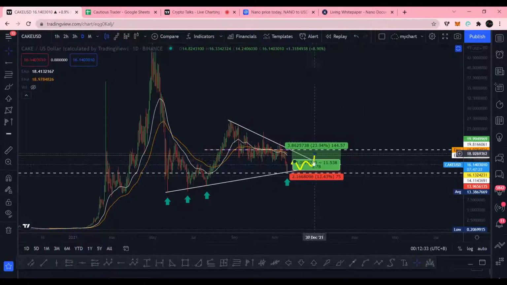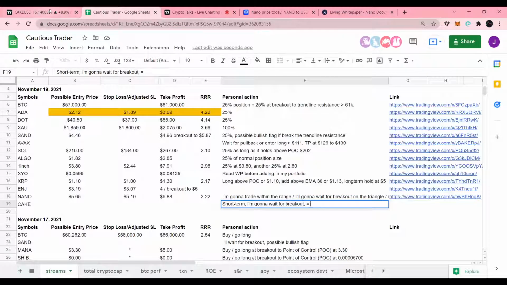Well, it can trade within the range. Kasi kailangan i-watch ko pa to, di ba? So, yeah, it depends on the breakout there on that triangle.